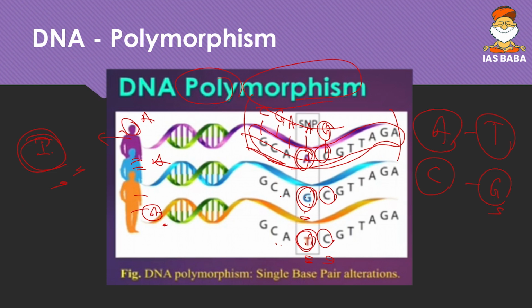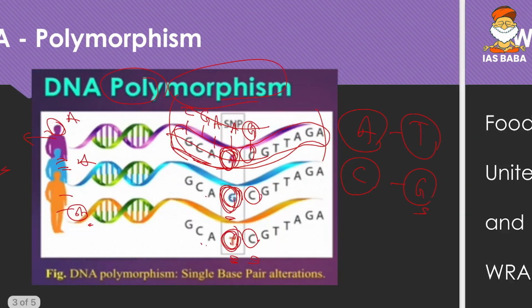So this we can say is a part of evolution, what Charles Darwin had predicted. I hope you understood DNA polymorphism. In the same gene, there will be some variations in the base pairs, but there is no harm to the gene. The gene will be healthy as such.